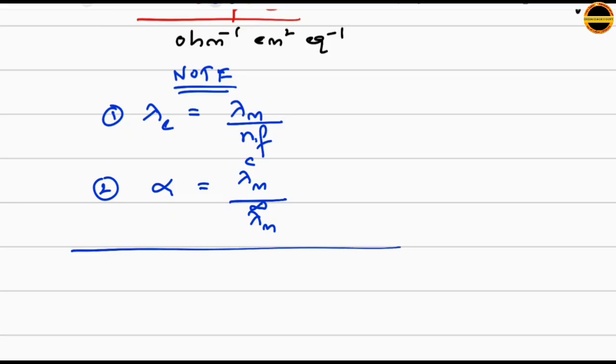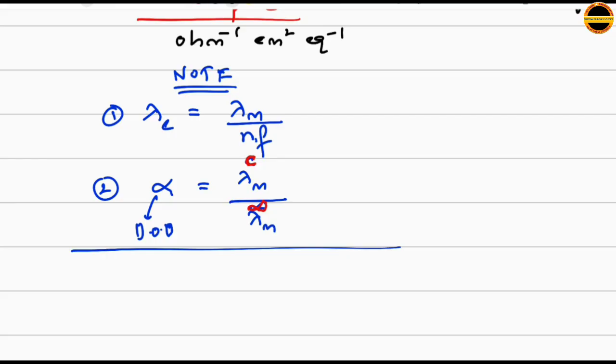Here it is the degree of dissociation, alpha. Degree of dissociation you can write as the ratio of molar conductivity at concentration C to molar conductivity at infinite dilution. And we will see the terms clearly now.